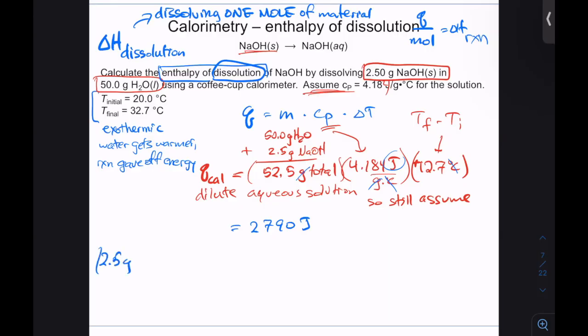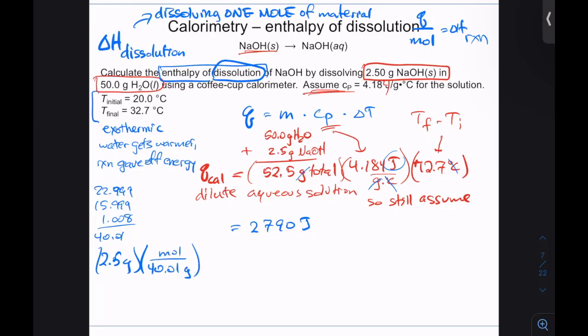We need the molar mass of NaOH, which you can calculate now. I hope you know how to calculate it. But let's just, sodium is 22.999 and oxygen is 15.999, and the hydrogen, that should give you 40.01 grams per mole.